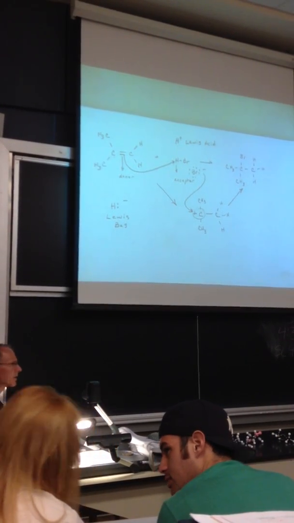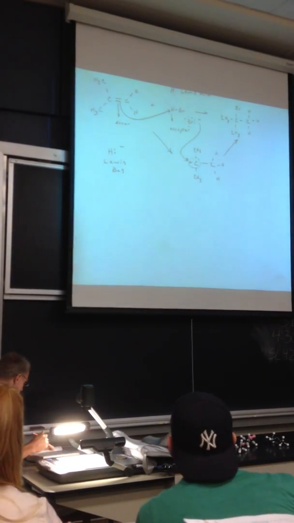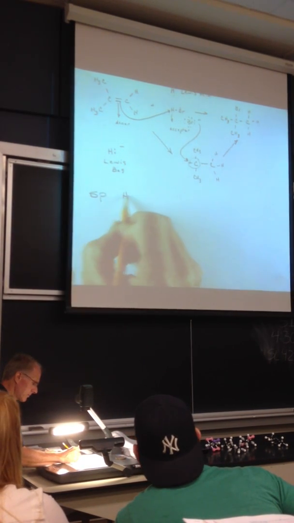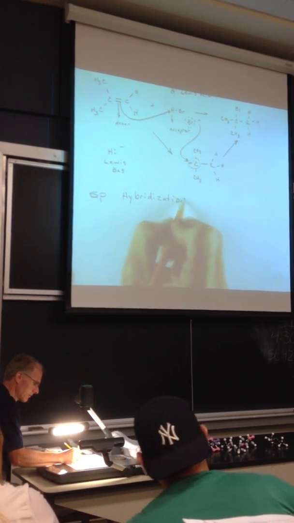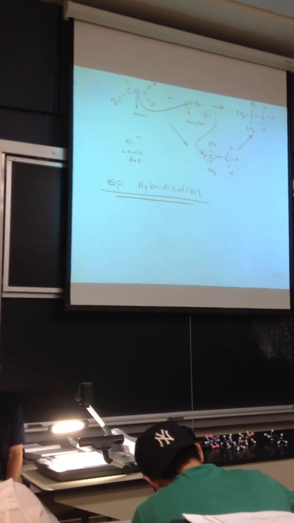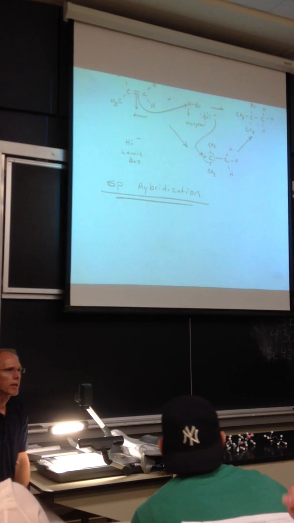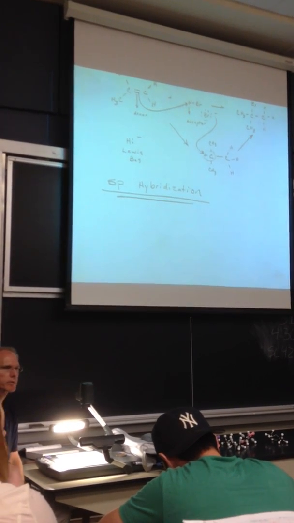Chapter 2, I've actually covered some of chapter 2. One thing we're going to learn about now is something that you should have picked up in 1210 or 1220, and it's something that I put out there for you to review, is hybridization.